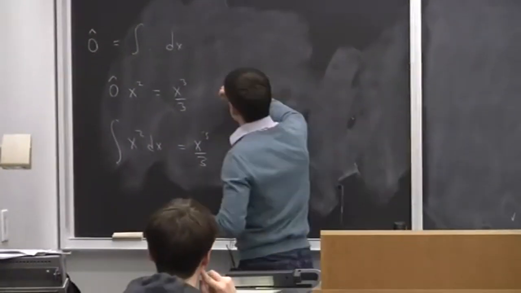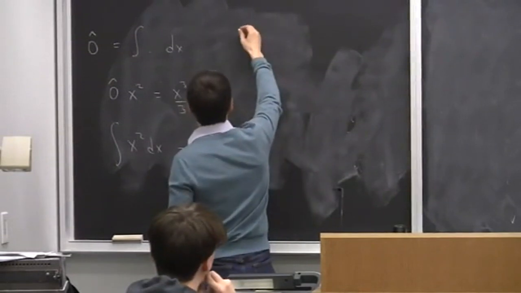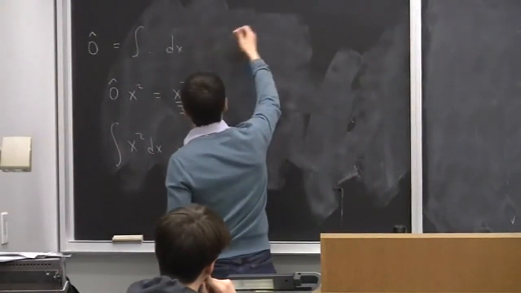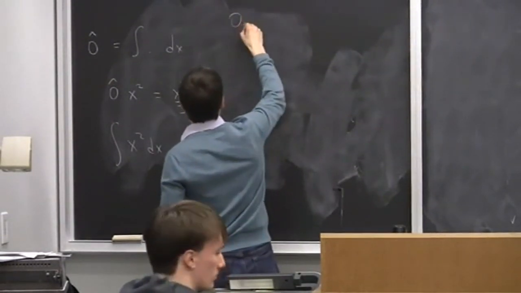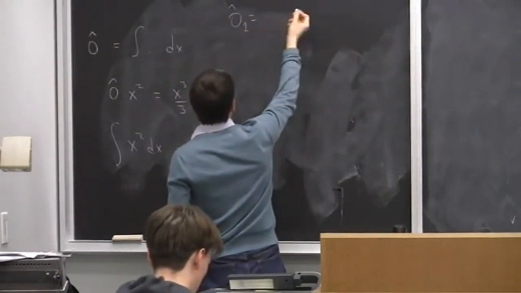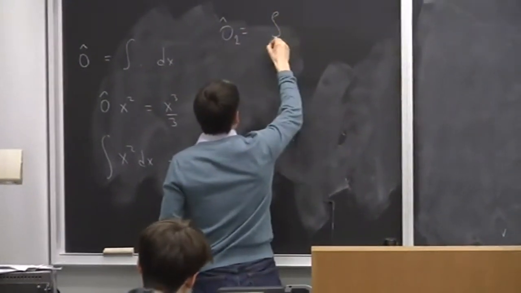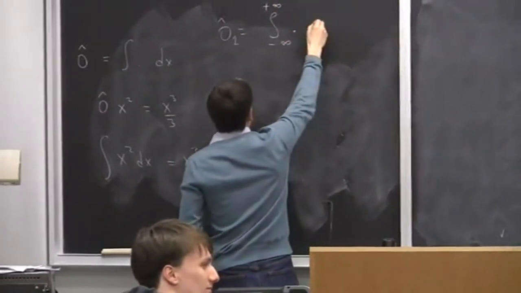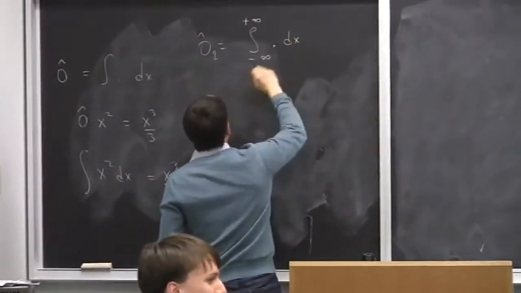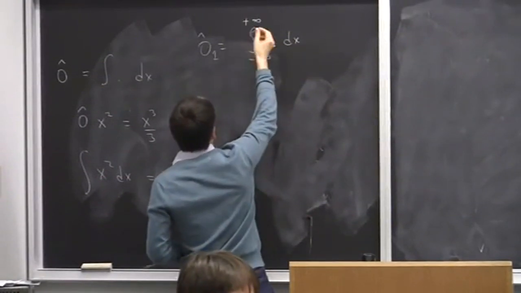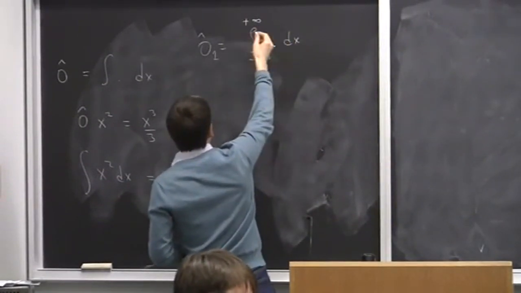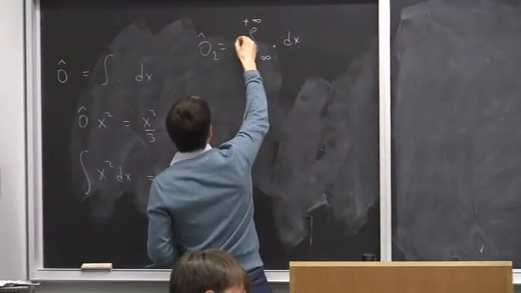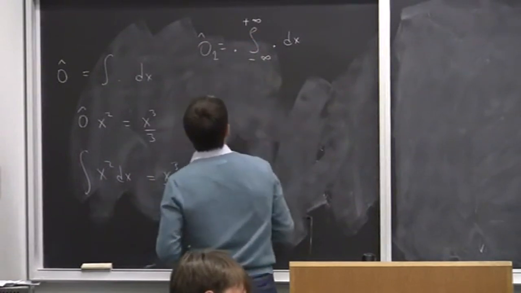You can also make an operator with definite integration, say from minus infinity to plus infinity. So you put the function here and multiply whatever result is by a function, right?